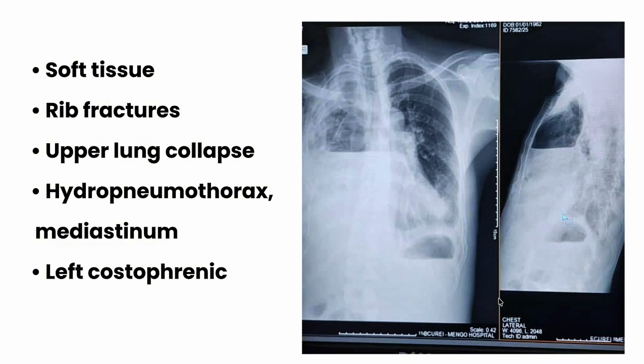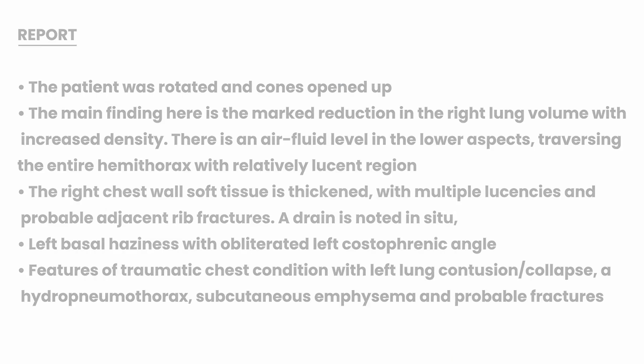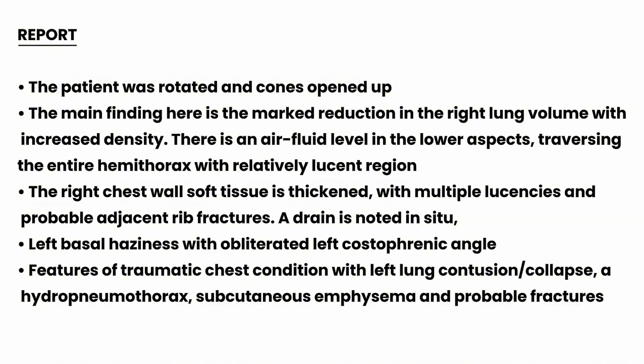And then of course we conclude that in this case, this is a case of chest trauma with the above features. Now what remains is to wrap up, to put all these features that we have listed above into a report form. And what would the report form look like?